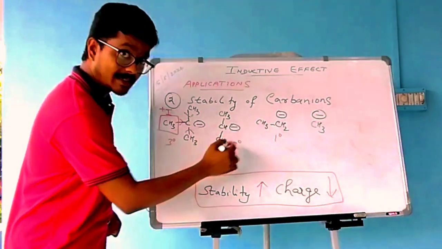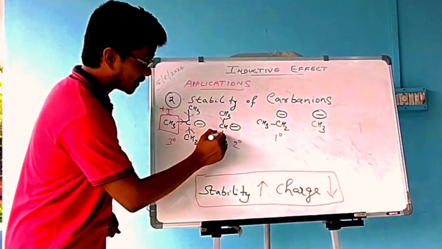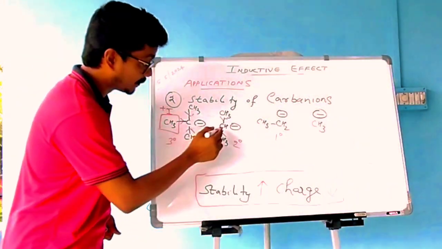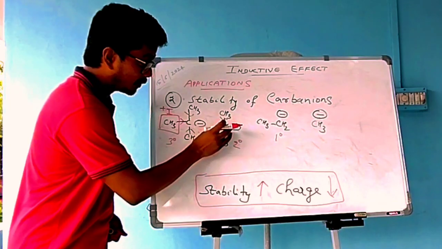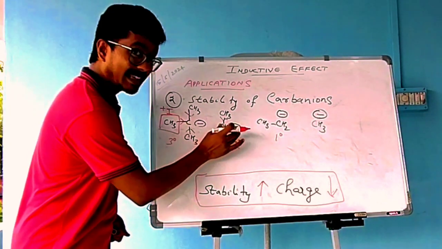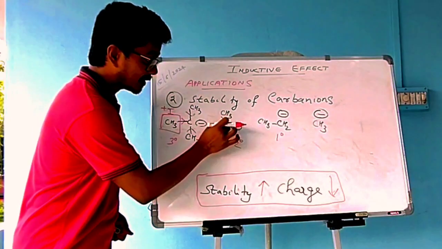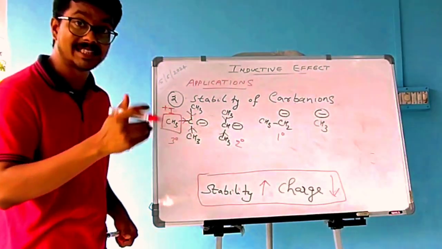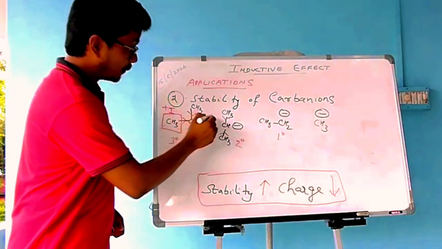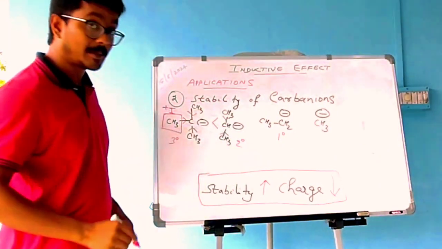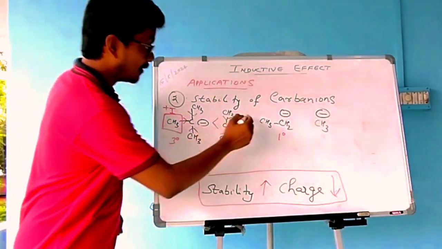Let's consider the secondary carbanion. Here two carbon atoms are there, two alkyl groups are there. The plus I effect of two alkyl groups intensifies the negative charge on the central carbon atom, but less compared to tertiary. So the stability of secondary carbanion is greater than tertiary.